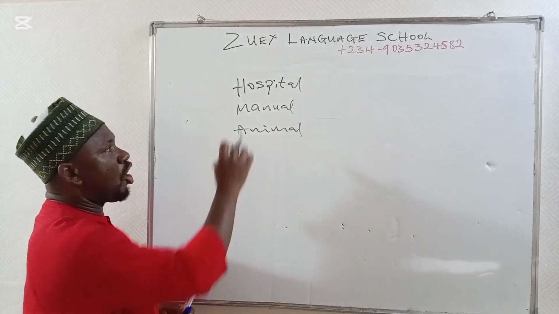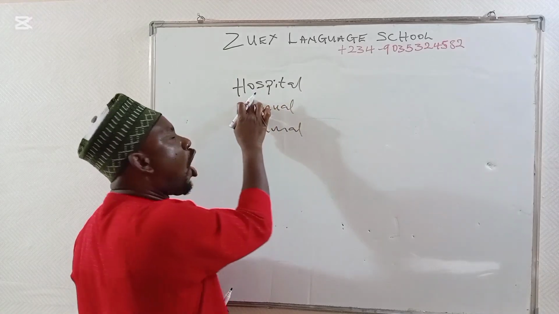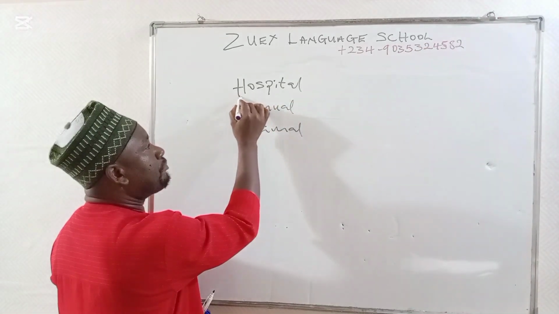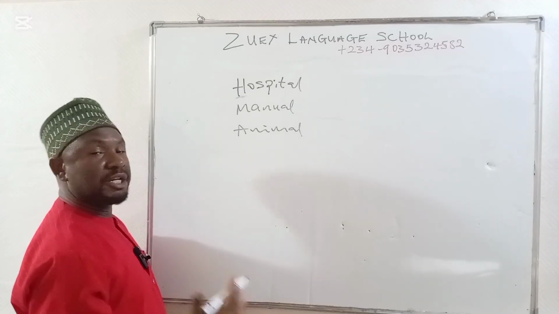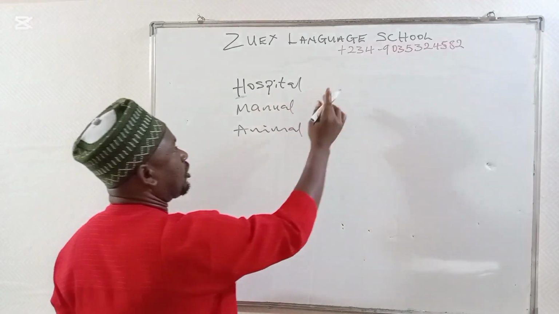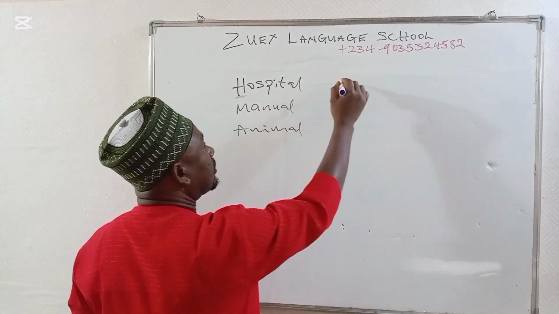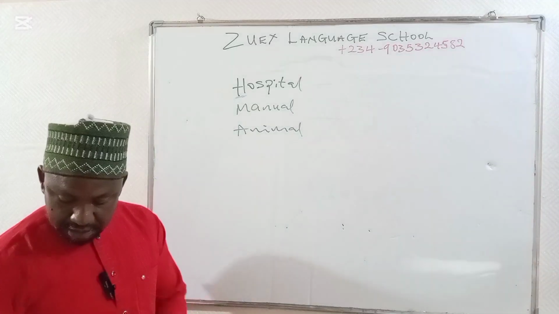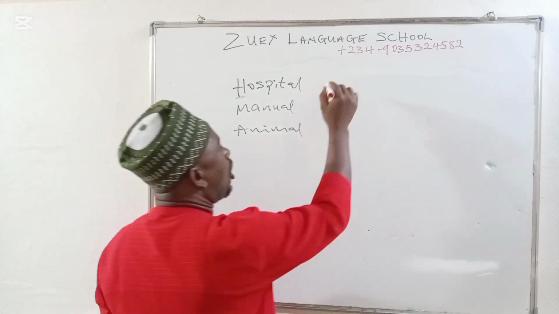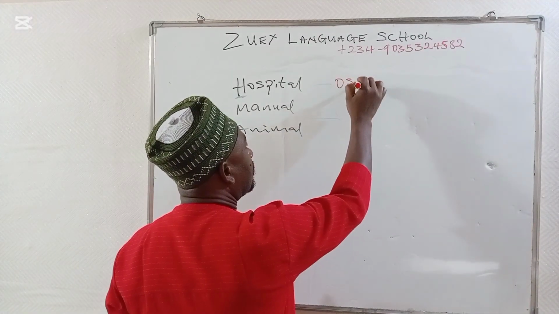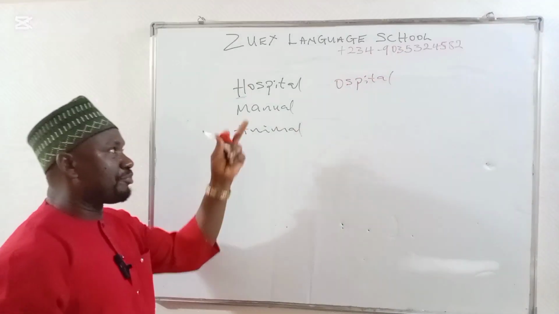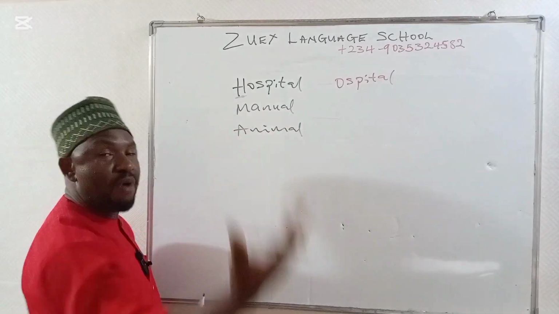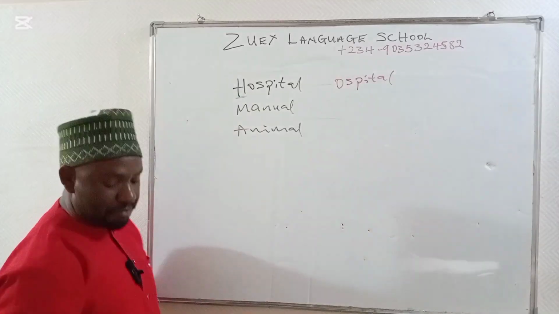Now, hospital is pronounced differently in Spanish. Remember, you don't pronounce H when it starts a word in Spanish. Remember the alphabet. Hospital, right? That's how you pronounce it. And this is manual.